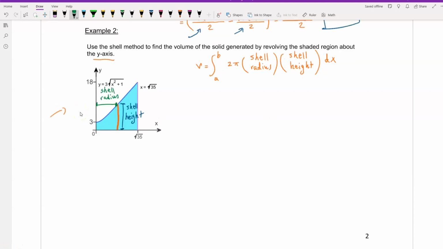In this case, this one is revolving above the y-axis. So based on that, the shell radius is this one in green. And the shell height is this part.